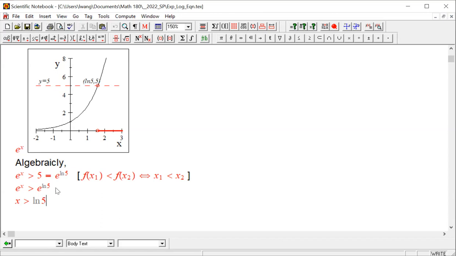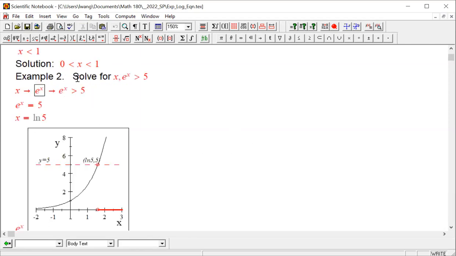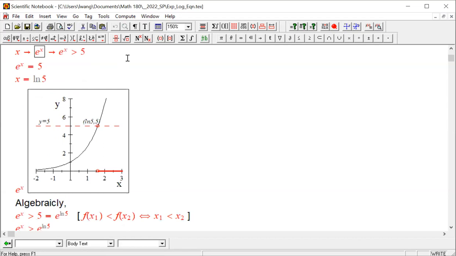All right, so let's look at the third example. Example number 3. Of course we're solving for x.